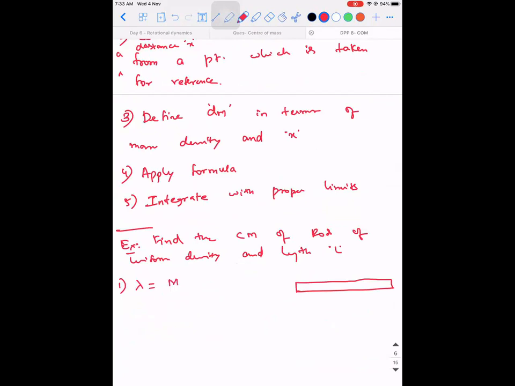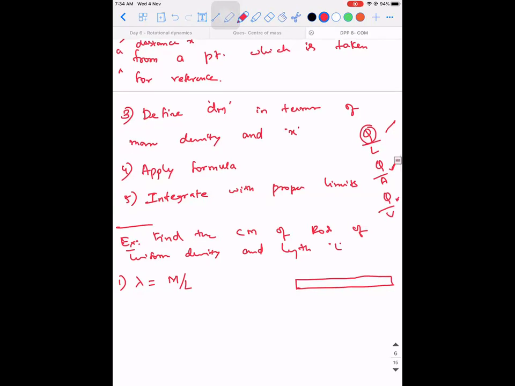So lambda is equal to m divided by L. By the way, I hope everybody knows the three types of densities, like we learned with charges in the first chapter: Q by L, Q by A, and Q by V. Linear charge density, surface charge density, and volume charge density. If you replace Q with mass in the numerator, it becomes linear mass density, surface mass density, and volume mass density. So lambda is equal to m divided by L.